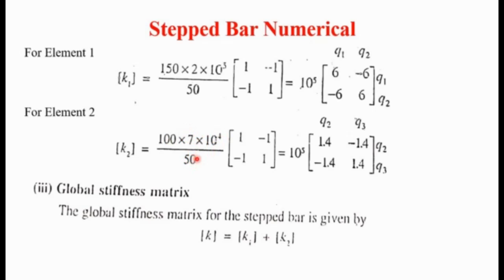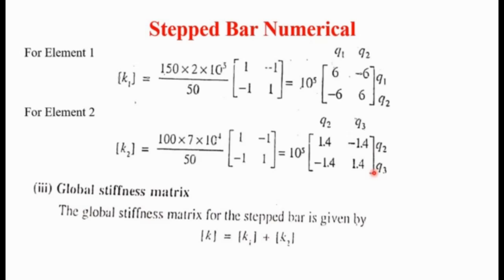Simplifying, we get 10 raised to 5 into [1.4 -1.4; -1.4 1.4], and here the node values are Q2 and Q3, because element 2 has node 2 and node 3.